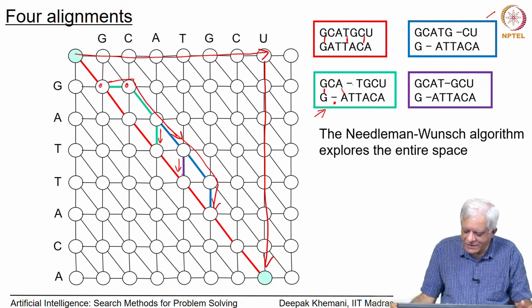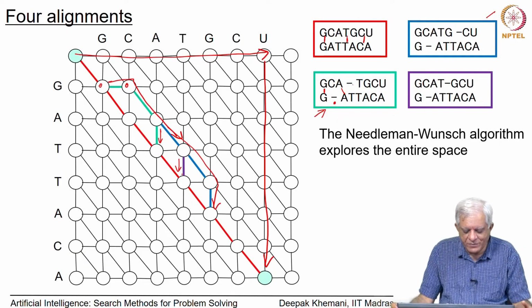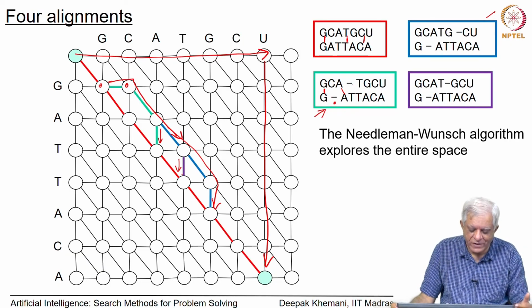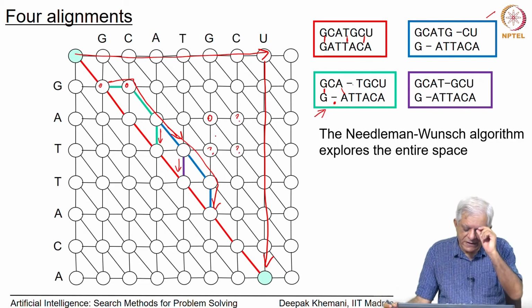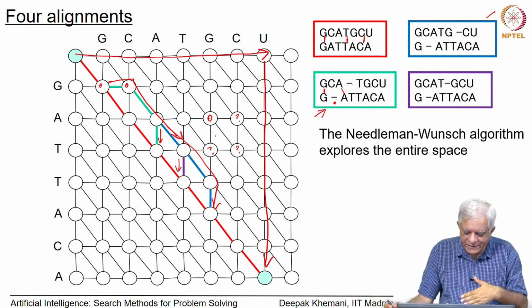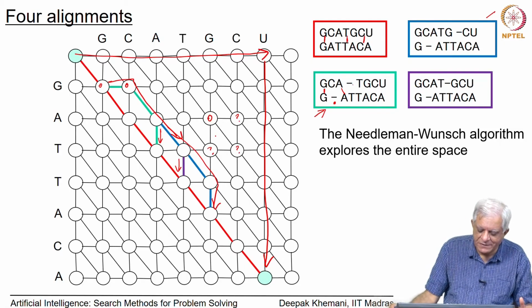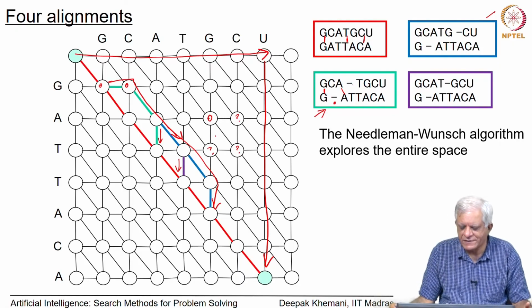What the Needleman-Wunsch algorithm did, like Dijkstra's algorithm in some sense, it took the full graph and computed for each choice point, that if you are here, should you go to this node or to this node or to this node, and it computed the cost for each choice point, looked at all the costs and then traced back the path from the goal node to the start node, and it did give you the optimal path essentially.